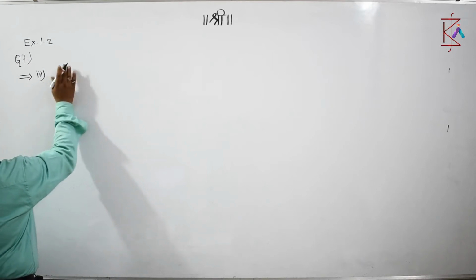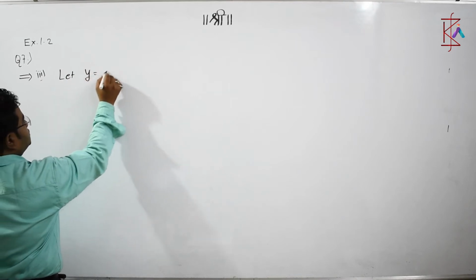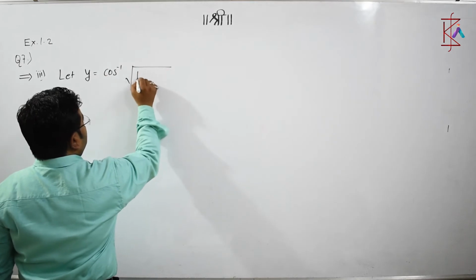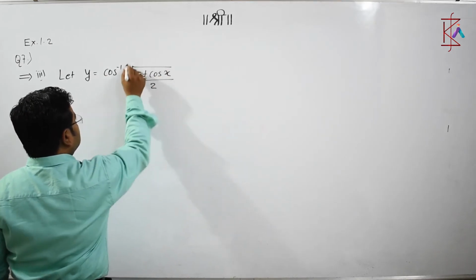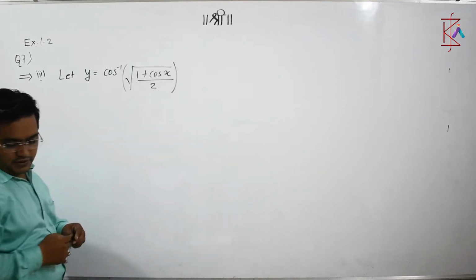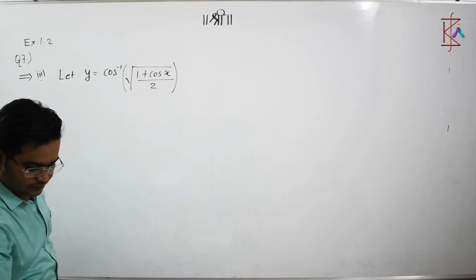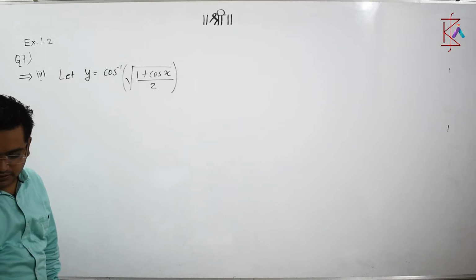Let y is equal to cos inverse of under root of 1 plus cos x divided by 2. Okay, now within this circumstance we need to understand which value we can put, and most importantly what is the suitable case.